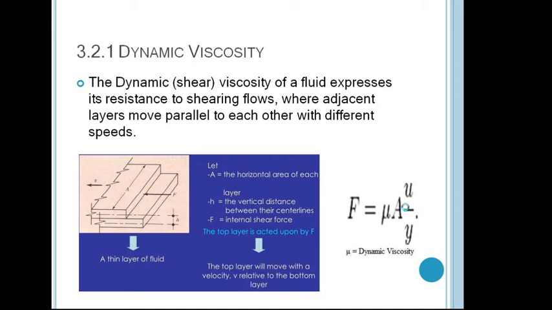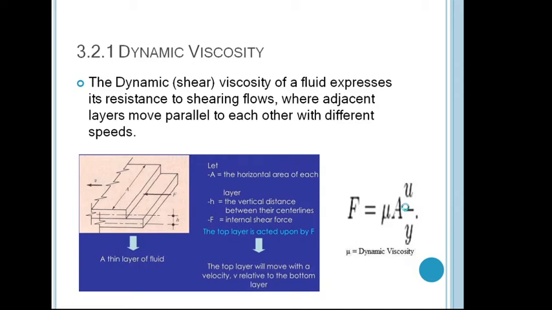other with different speeds. As I have said in the previous slide on viscosity, the fluid flows in the form of layers. If one layer is offering resistance to another layer, then we call that property viscosity.